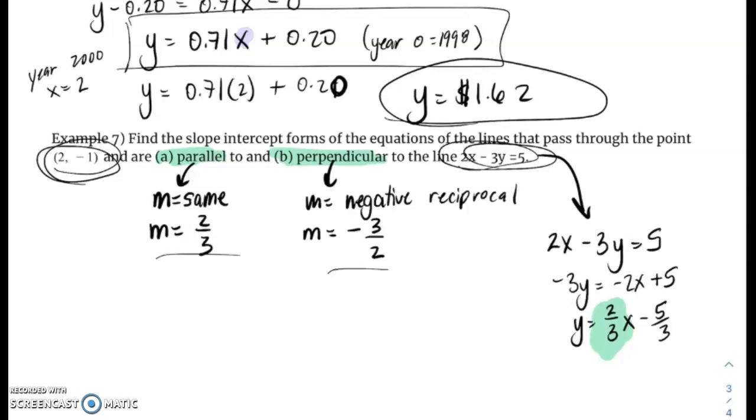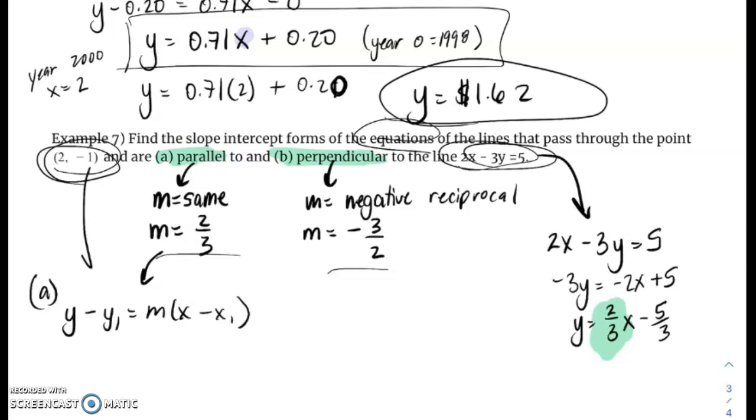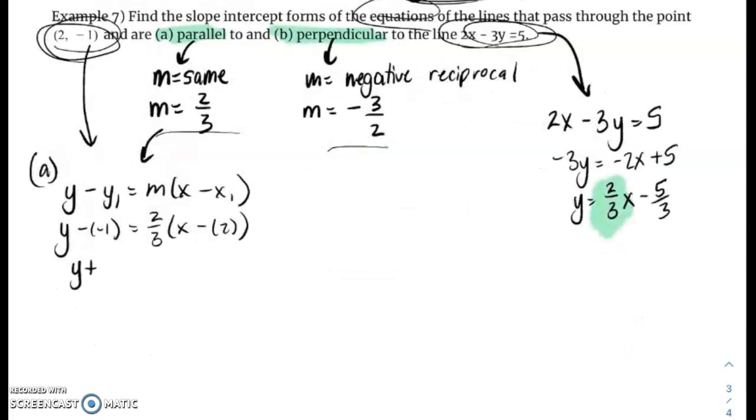Now, they want the whole equation. So we're going to do point slope. So for parallel, part A, we're going to do y minus y1 equals slope times x minus x1. I'm going to plug in my points. So it'll be minus -1, slope 2/3. The x is 2. That's all given to you. We're going to just simplify this.